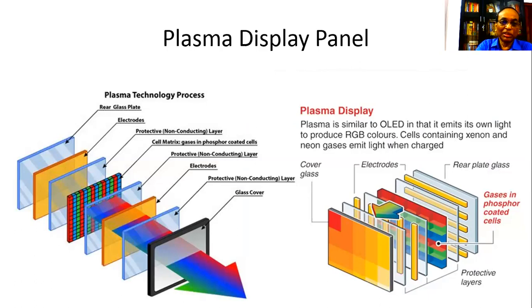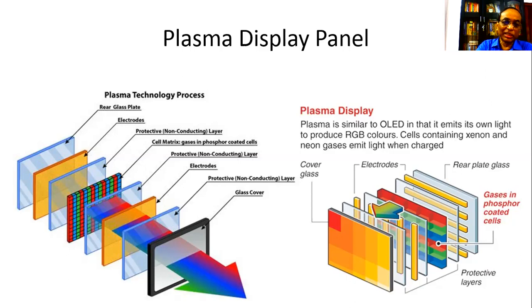The same thing is shown here, how it is packed inside a plasma display. On the front side there will be a glass cover, and at the back a rear glass plate. Then these two electrodes, the yellow things, have voltage applied between them.